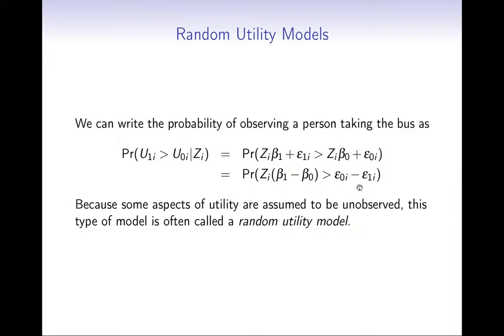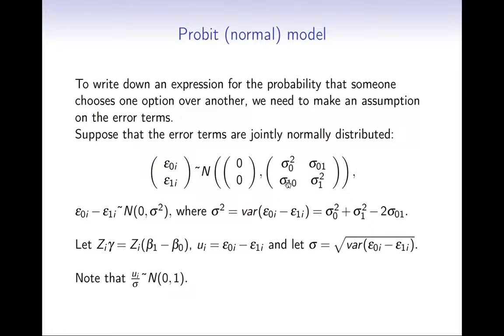And because some of these are unobserved, that's why it's considered to be a random utility model. So it's useful to group all the unobservables on one side and the observables on the other side. Okay, now to write down an expression for that probability, we need to make some assumption about the error terms.